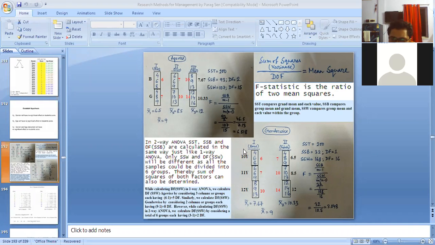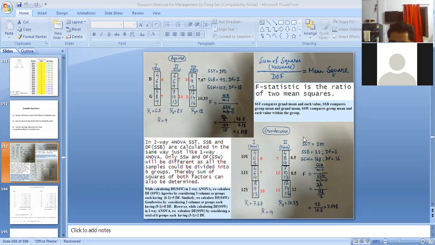The sum of square within, you are getting in this way: the grand mean, suppose it is 9. The sum of square within means you are considering one particular group. 7.67 is the average for this group, so you subtract this from each and every element: 7.67 minus 4 whole square plus 7.67 minus 6 whole square plus 7.67 minus 8 whole square and so on, plus 10.33 minus 4 whole square plus 10.33 minus 8 whole square.